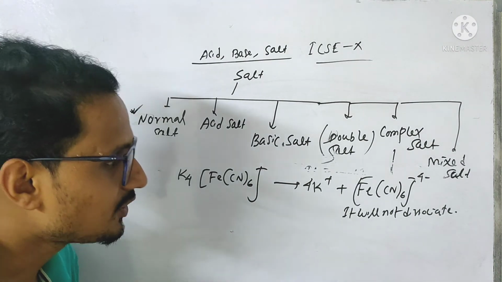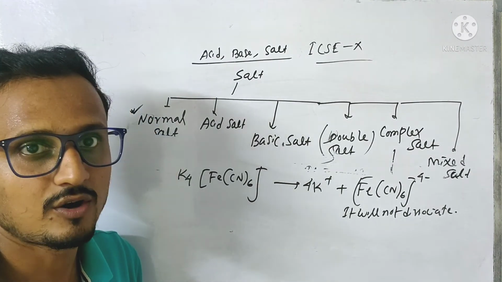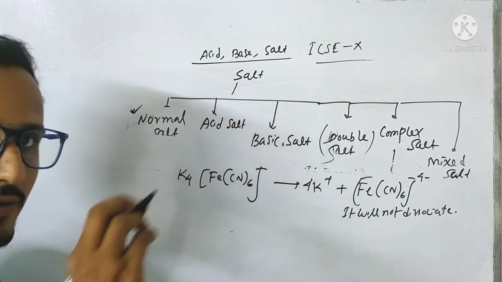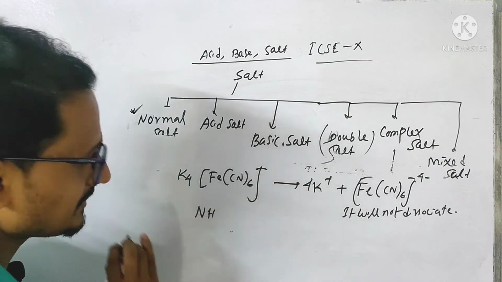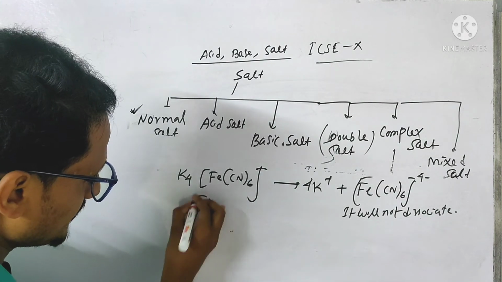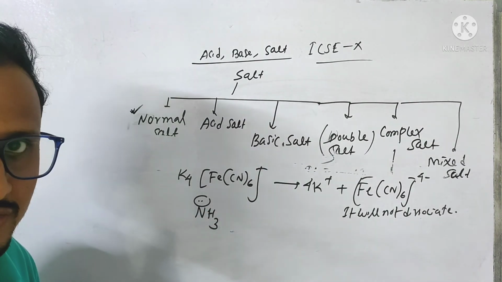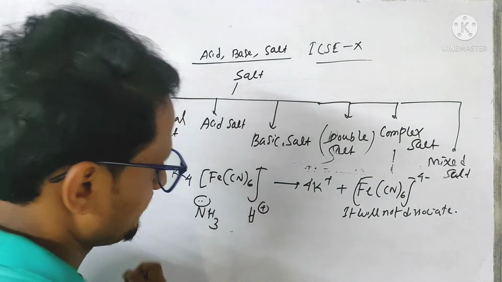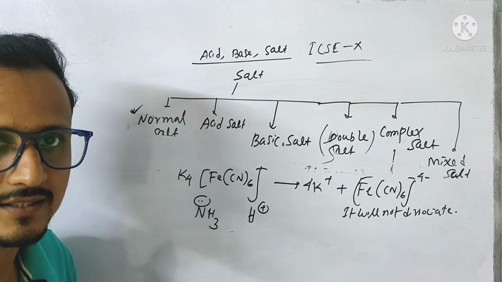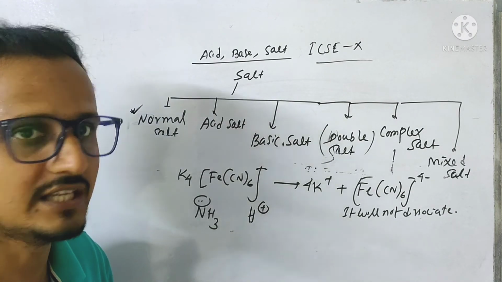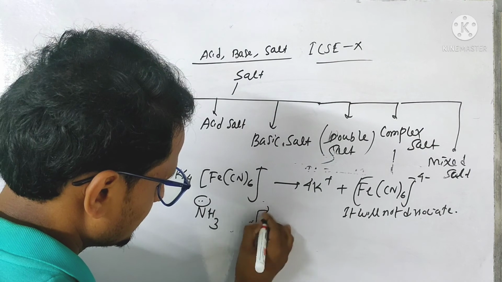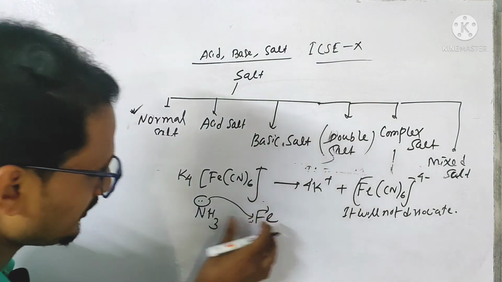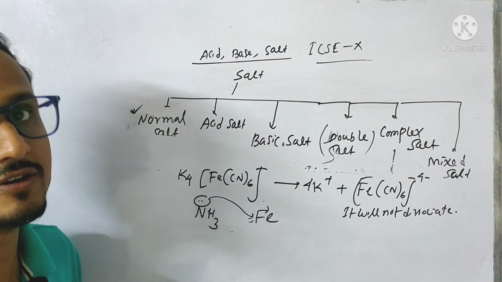Now how can a complex compound be formed? When a compound having a lone pair of electrons, say ammonia, meets an ion having positive charge like H+, or a transition element, say Fe, an electropositive metal, the bond formed between iron and ammonia is called a coordinate bond.